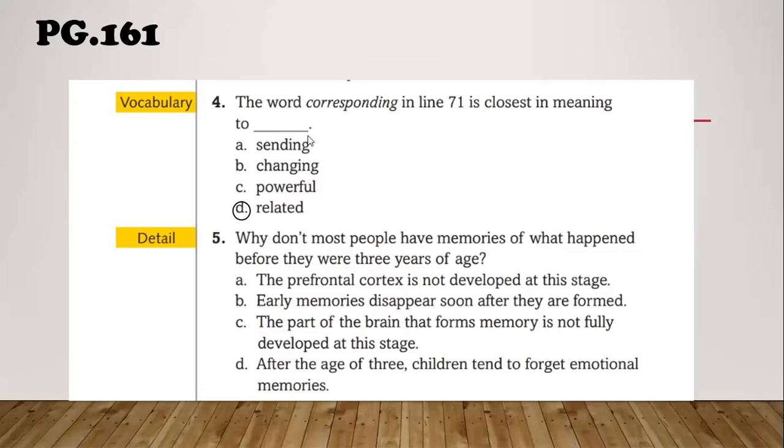How about number 5? Why don't most people have memories of what happened before they were 3 years of age? Interesting question, right? Have you ever wondered this before? It's because of this. Letter A, the prefrontal cortex is not developed, or letter B, early memories disappear, or the part of the brain that forms memories is not fully developed.